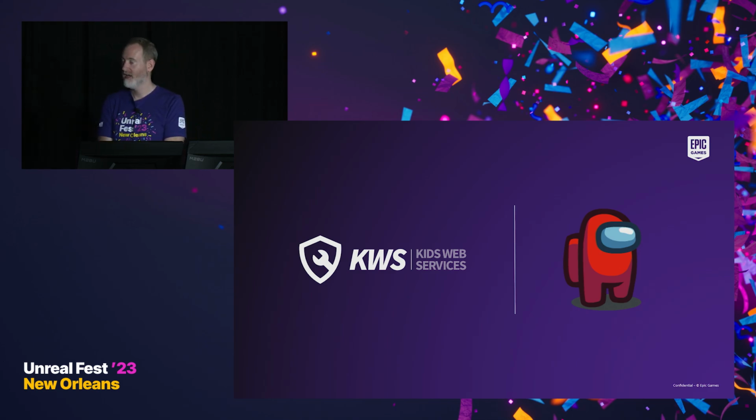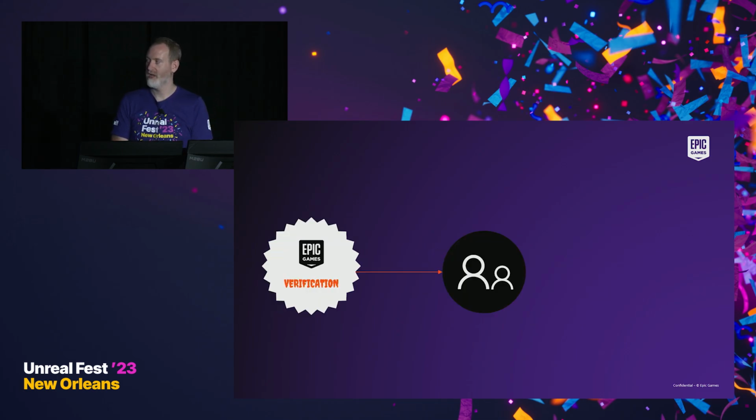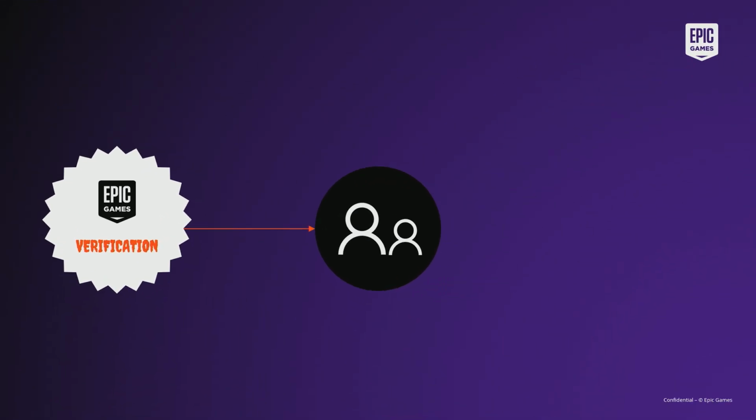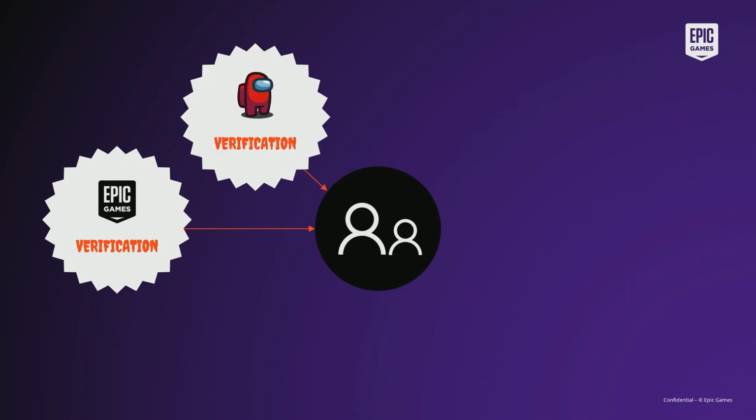As we described earlier, when a user comes in and wants to play our games, they create an Epic account. If a player under the age of digital consent comes in to create an Epic account, they're required to have their parent or guardian go through VPC. The verification piece is in there. Among Us also does this. You can play Among Us, but when you want to use free chat functionality or create an account for yourself, the same system applies, so you are required to get VPC from the parent.